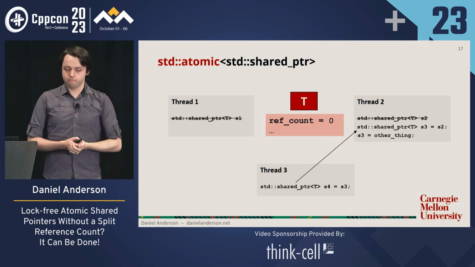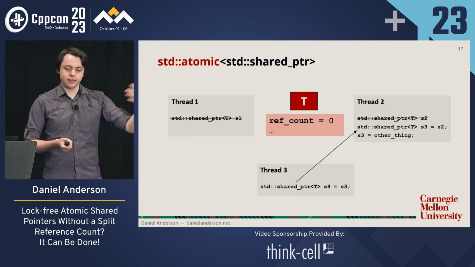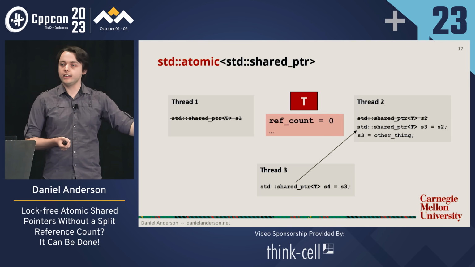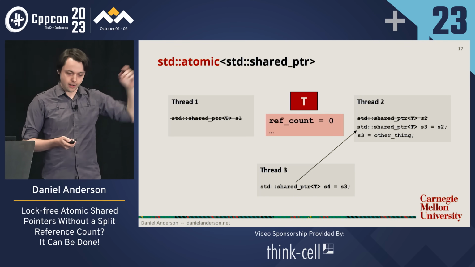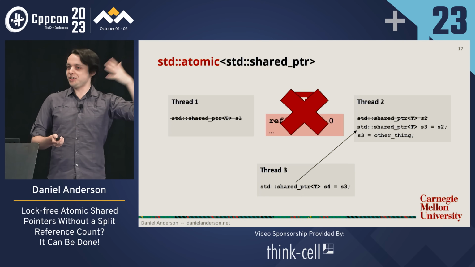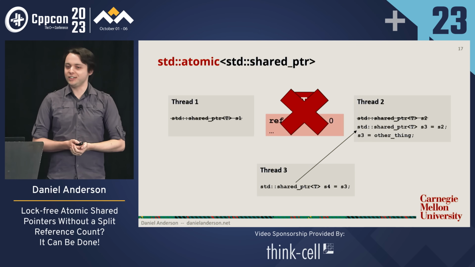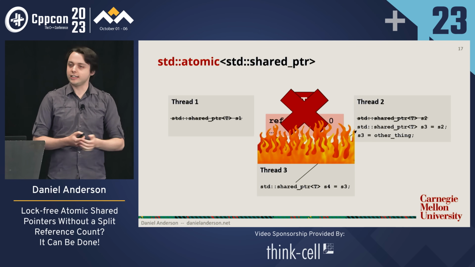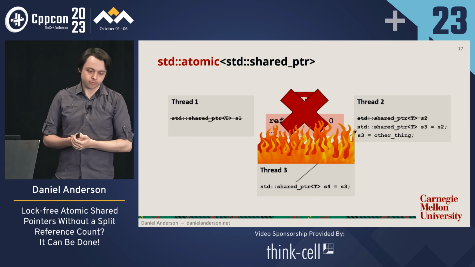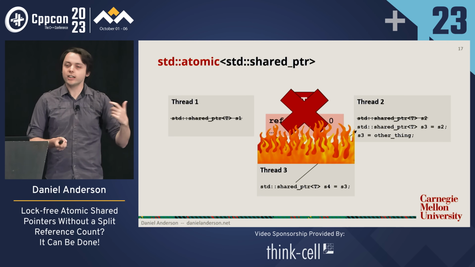And now we have a problem, because thread 2 just decremented the reference count to 0, which says automatically, I've got to delete that object. So it gets deleted. And thread 3 is in the process of getting its own copy of the shared pointer, which is now pointing to a deleted object. And so we have ourselves a use after free. So this is not so good. So is shared pointer thread safe?